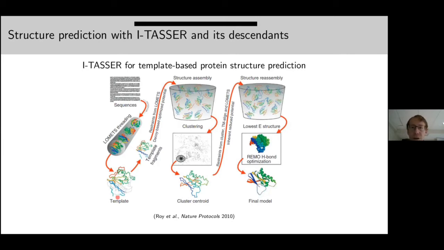The first is a program called I-TASSER for template-based structure prediction. The idea behind I-TASSER is that it can be used whenever there are reasonably identifiable threading templates, which are proteins that are at least similar enough in sequence. They don't have to be very similar, but similar enough in sequence and in likely structure that you can take your query sequence, you can come up with a set of structures for at least components of that protein based on threading on existing structures.